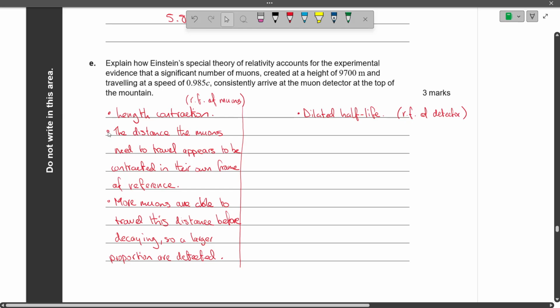It's this dot point here that would be different. On this side, you would say the half-lives of the muons, according to the scientist frame of reference, are longer than in the reference frame of the muons, or something like that. But I would just stick with the length contraction one. I think that's a bit more clear. Yeah. All right, let's move on.